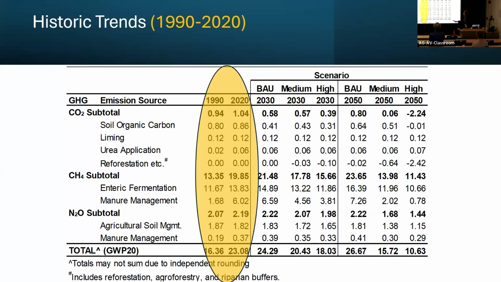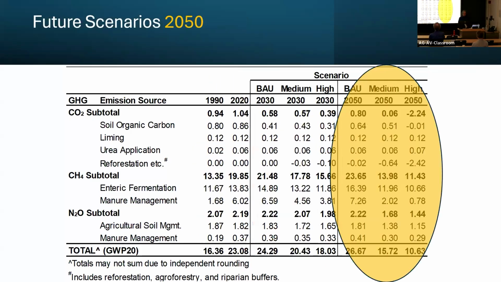So here you can see the 1990 and the 2020 emissions, right, from our original inventory report. And here you can see the business as usual, the medium, and the high scenario emissions. And you'll see the business as usual is more than 26 million metric tons, right?